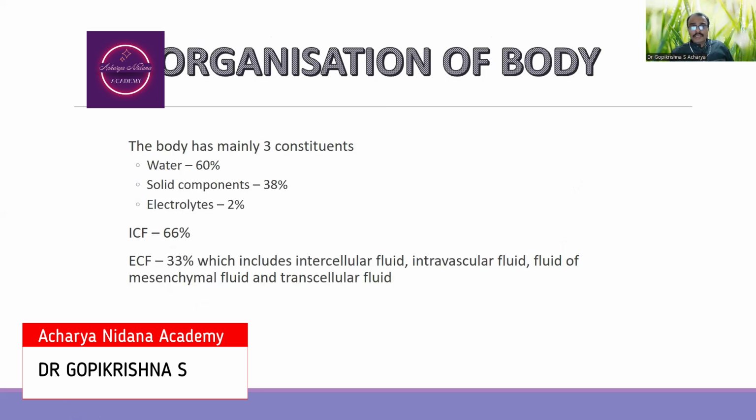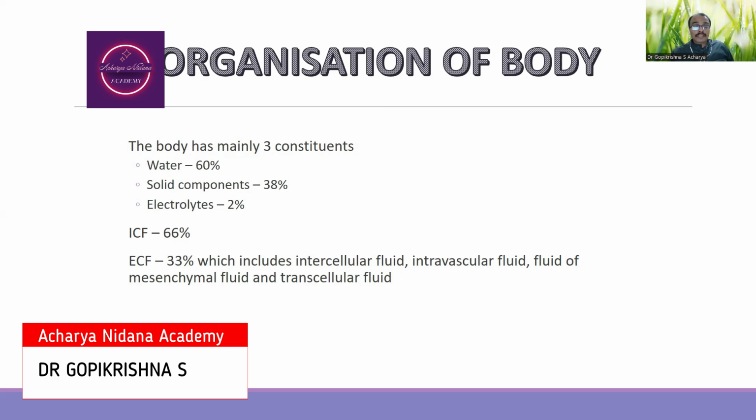When you think about the organization of the human body, it is very, very essential to know about its composition. It actually contains three main constituents: water, solid portion, and electrolytes. The water portion will be present up to 60% of the human body, whereas solid components are present for 38%.